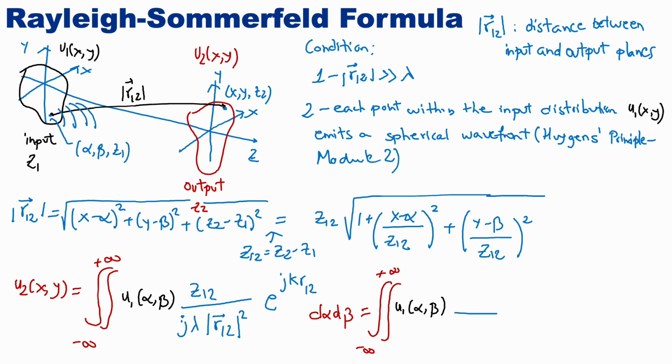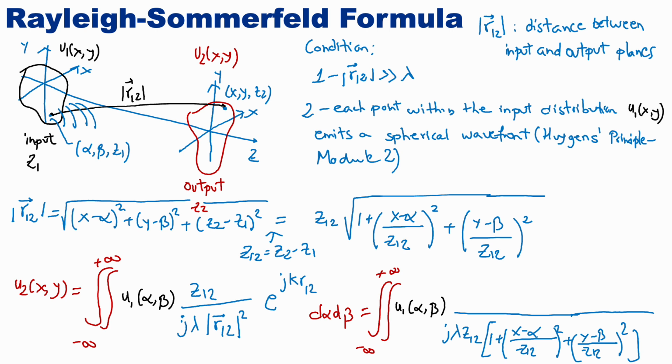We can simplify this: the c on the numerator cancels with one of the denominator. So we have j lambda c12 and 1 plus ((x minus alpha) over c12) squared plus ((y minus beta) over c12) squared.